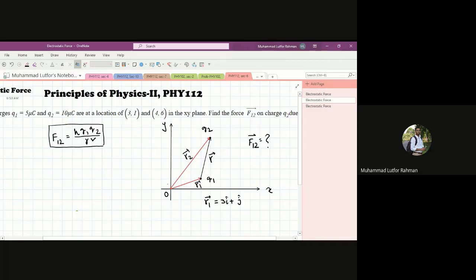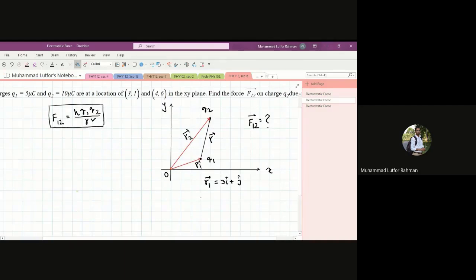So I move 3 units along the x direction, the i unit vector, and 1 unit along the y direction, the j unit vector. By the same analogy, R2 would be 4i plus 6j. These are the position vectors.